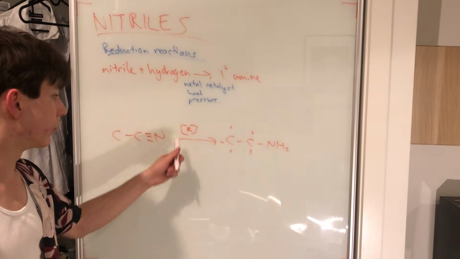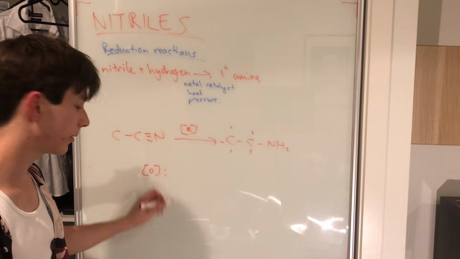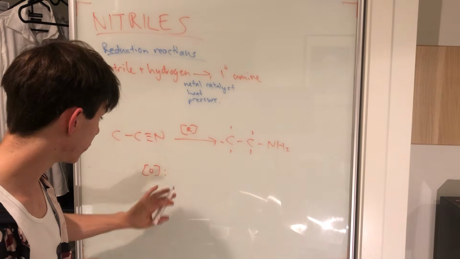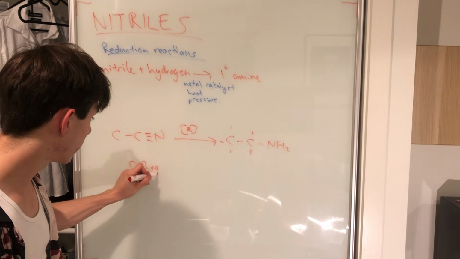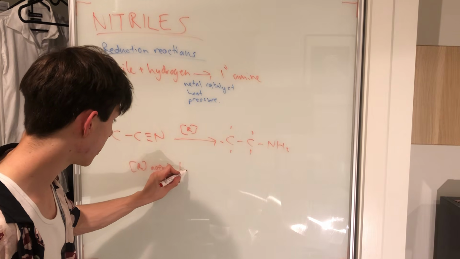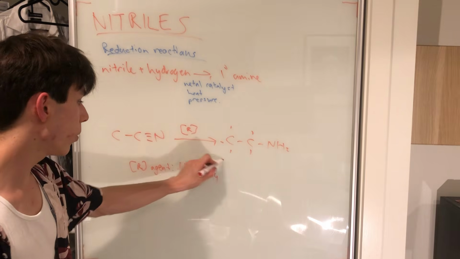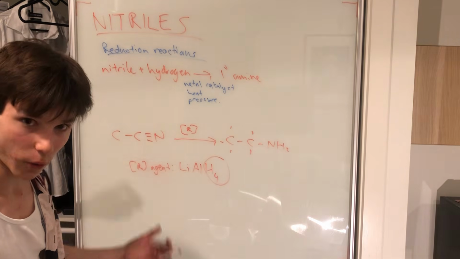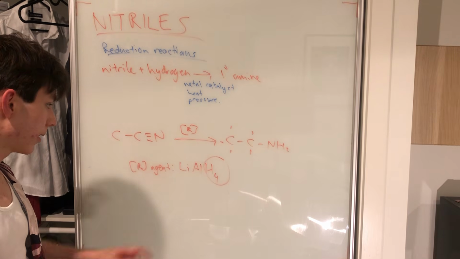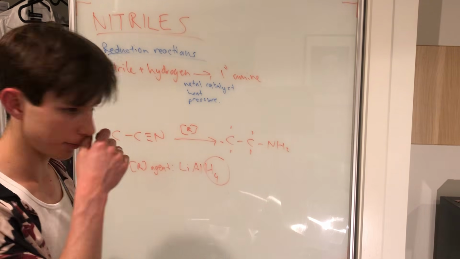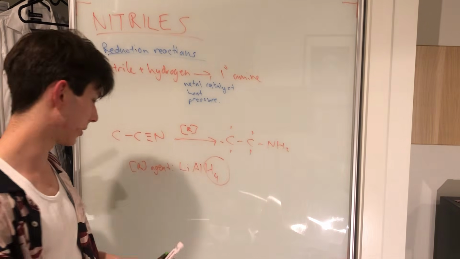We can use a reducing agent. So the reducing agent would be oxidized, and that reducing agent, we call it lithium aluminium hydride, LiAlH4. So all the hydrogens, H4, those 4 hydrogens that you need, are in this reducing agent, and there's an oxidation half reaction involving that that would of course occur.